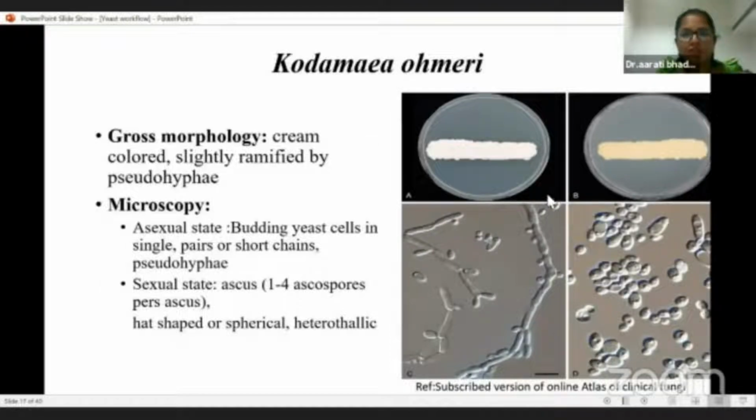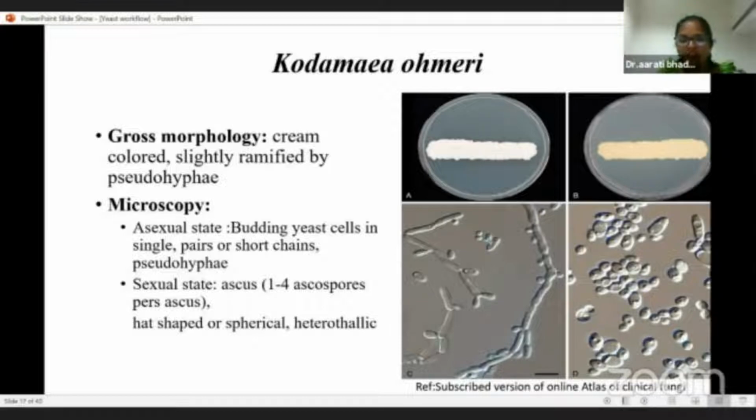So the next species is Kodamaea ohmeri. This species is commonly encountered in fungemia in immunocompromised patients. The gross morphology is cream colored, slightly ramified by pseudohyphae. So cream colored, this is the reverse surface, this is the upward surface. Here we can see in the asexual state budding yeast cells in singles, pairs, or short chains, and there will be pseudohyphae.